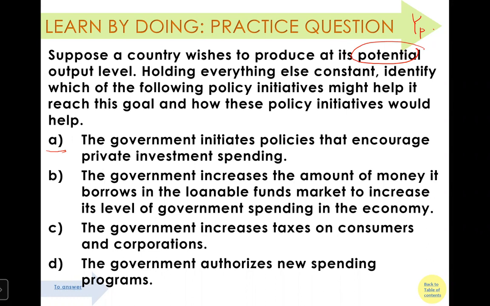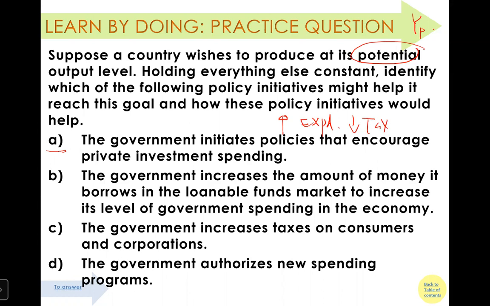The government initiates policy that encourages private spending. So certainly this is going to help, right? This is considered an expansionary policy. And usually this works through reduced tax. Right, so this is the first one.